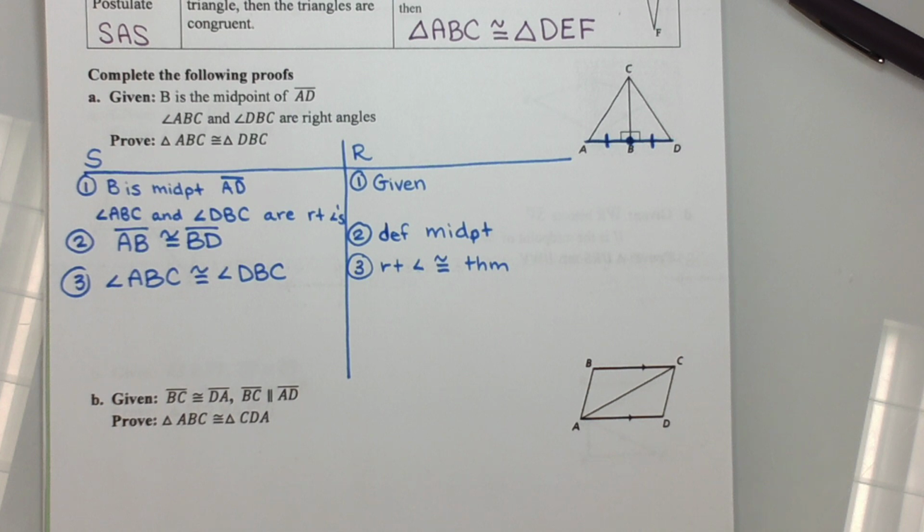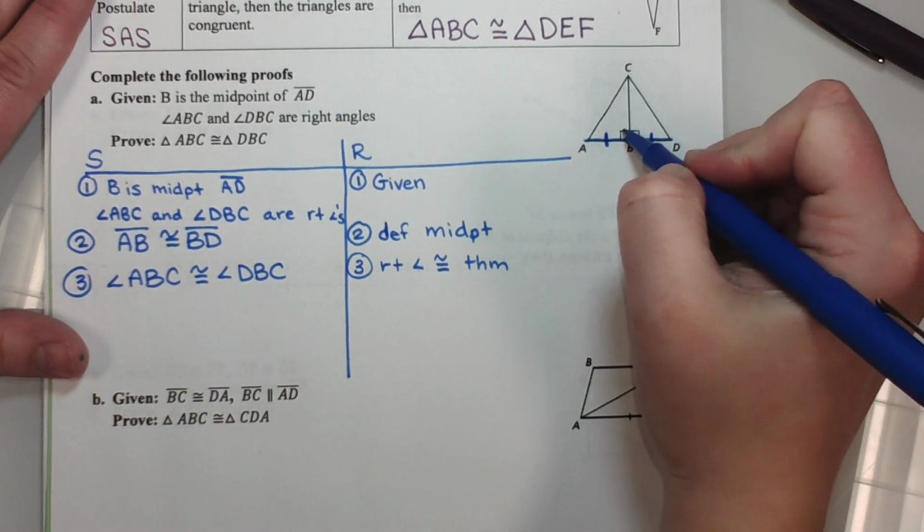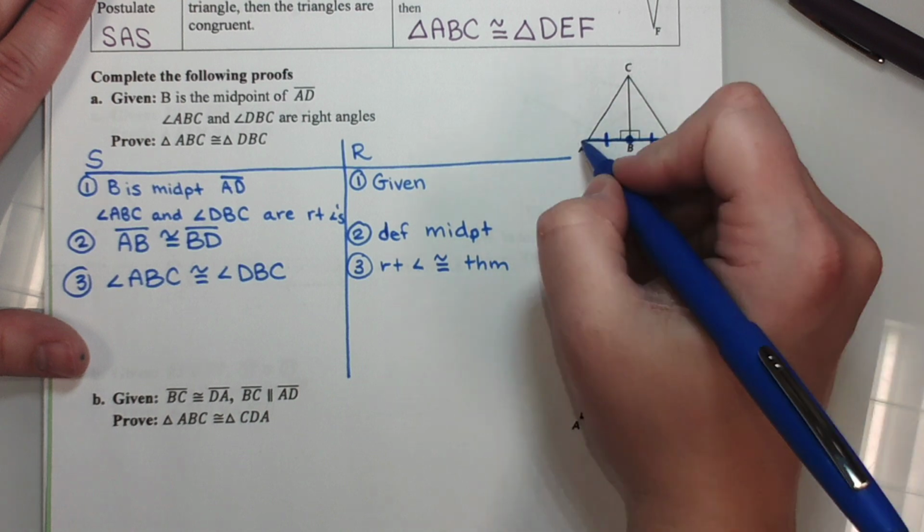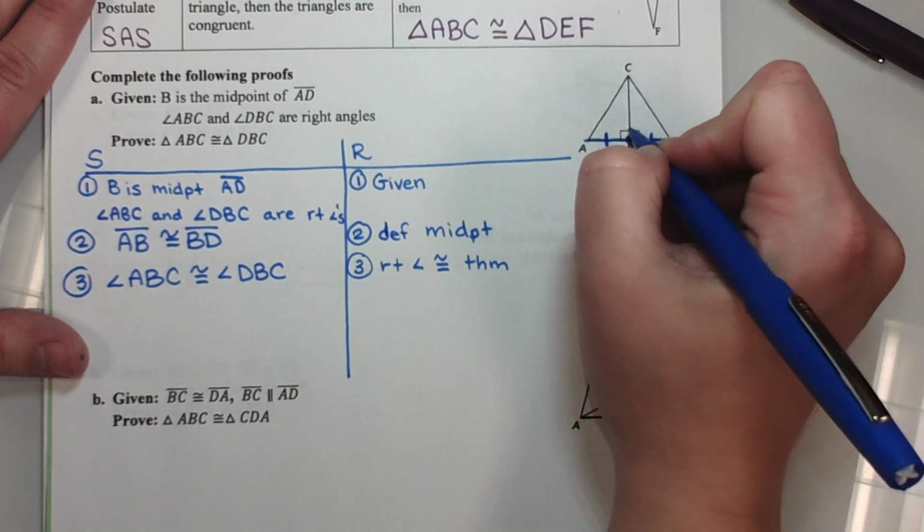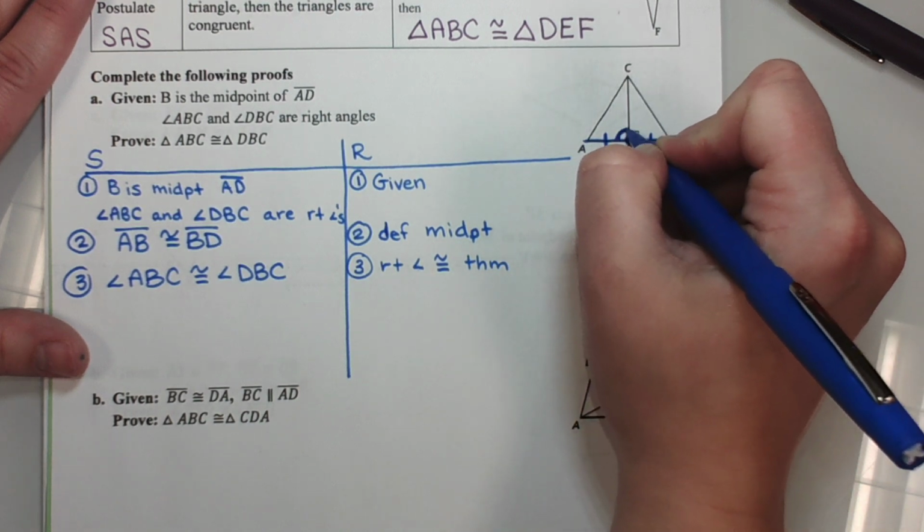Once I have a congruent symbol written inside the proof, I go and I mark it on the picture. I know it has right angle symbols here already for angle ABC and angle DBC. I don't care. I'm going to mark over them with congruent symbols.